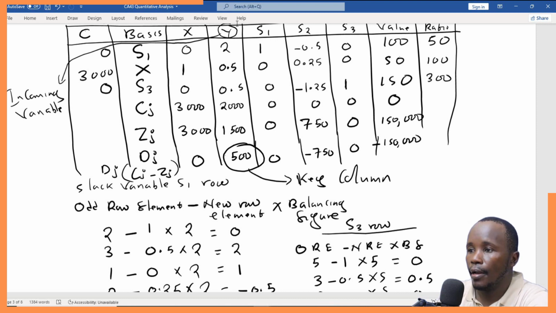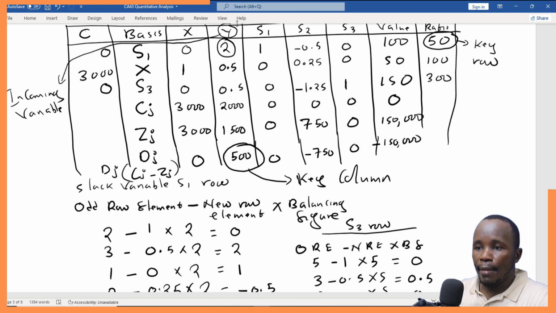And having identified this, we are able to find our key row here. This is our key row. Where our key row intersects with our key column, we find what we call the key element.